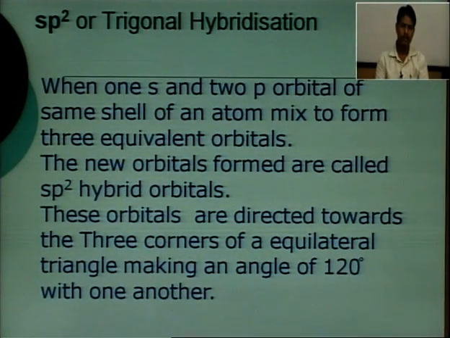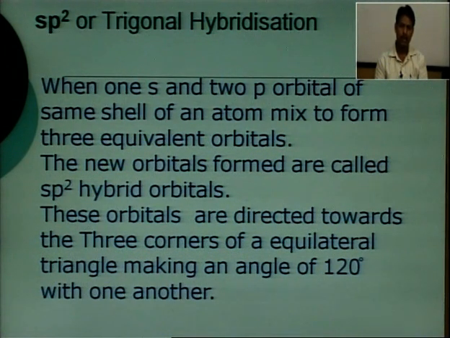Now sp2 or trigonal hybridization. When one s and two p orbitals of the same shell of an atom mix to form three equivalent orbitals, the new orbitals formed are called sp2 hybridized orbitals. These orbitals are directed toward the three corners of an equilateral triangle, making an angle of 120 with one another. So one s and two p orbitals intermix with each other, as there are three orbitals intermixing, and this is called sp2 hybridization.